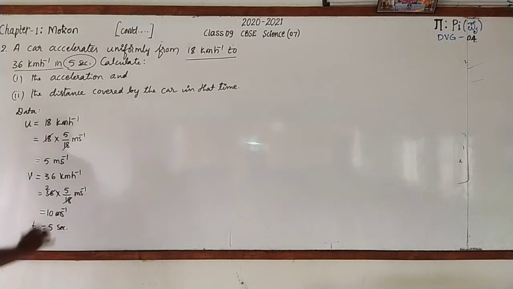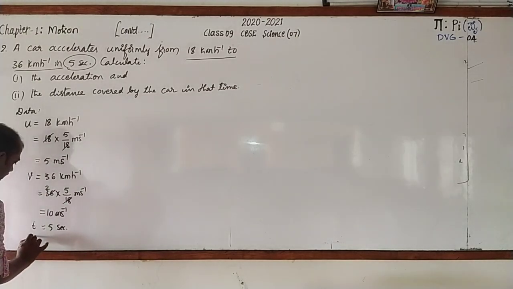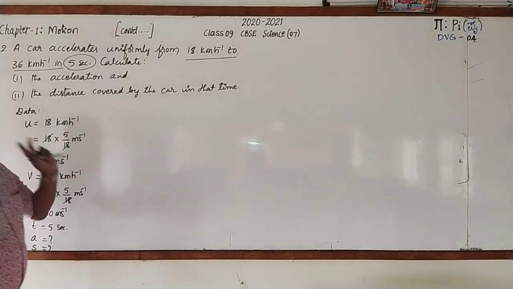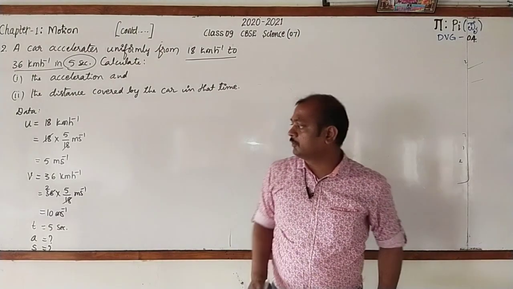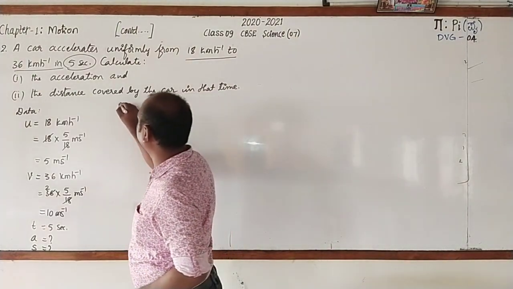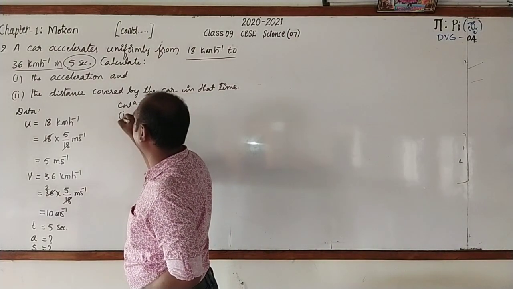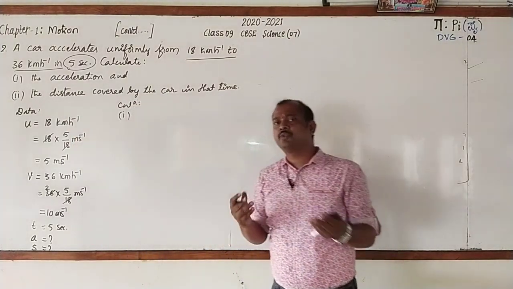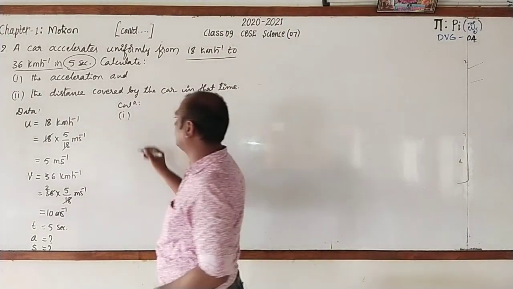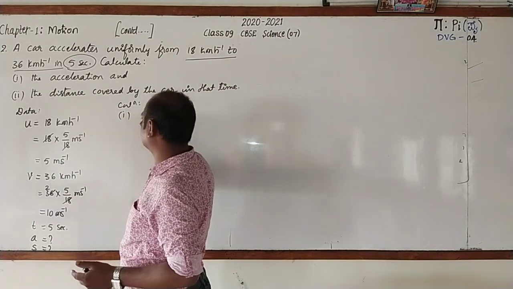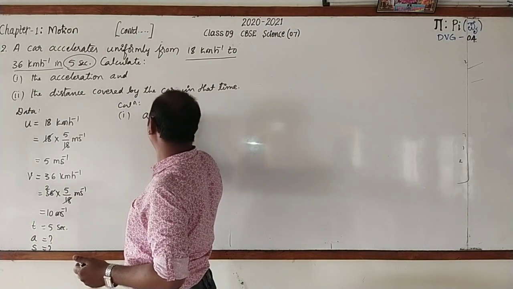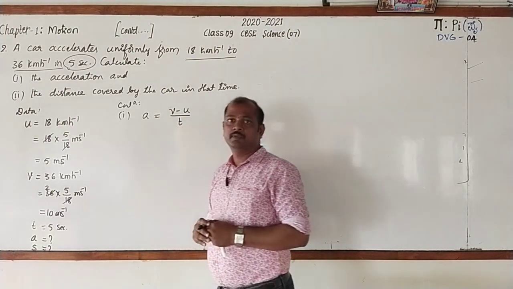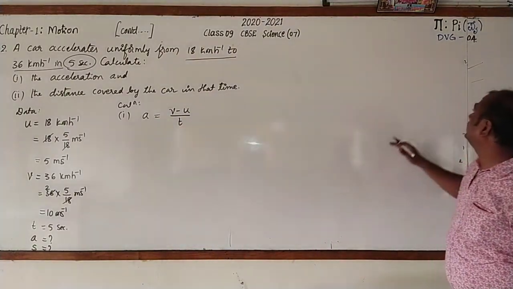Got it? Then you are going to find out acceleration as well as the distance traveled. Followed? Now let's go for finding first one. In first one you are going to find out the acceleration. You can recall acceleration formula. What it is? Yes. A equal to V minus U by T. And even you can go for writing this formula.